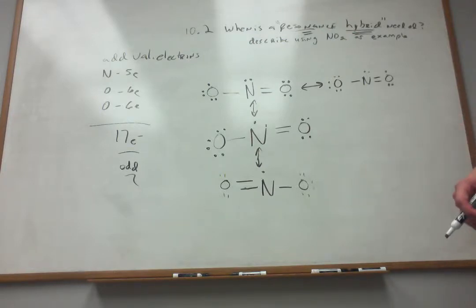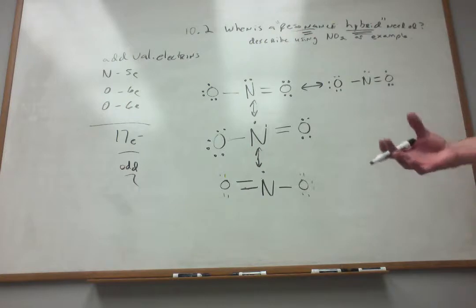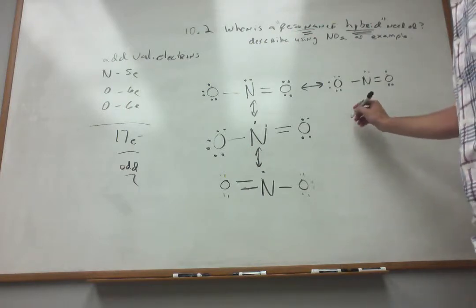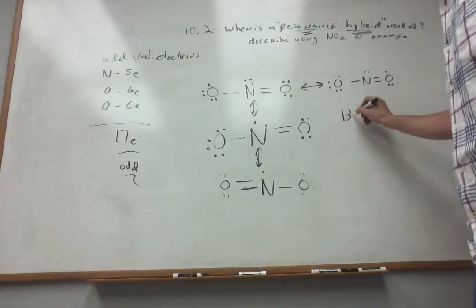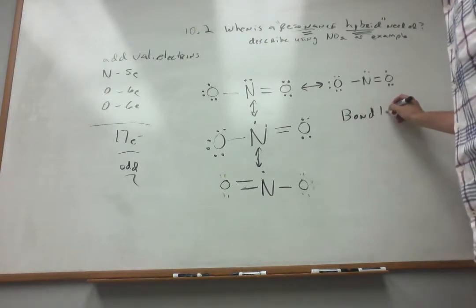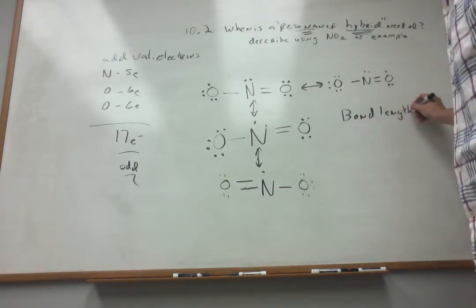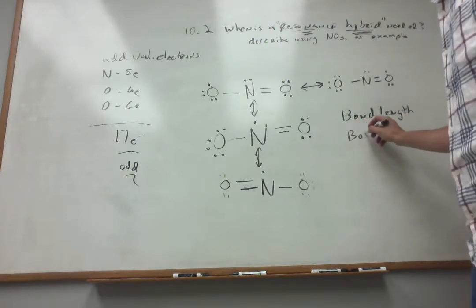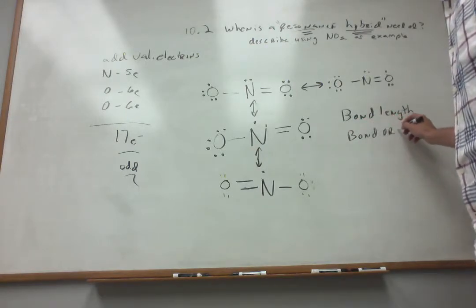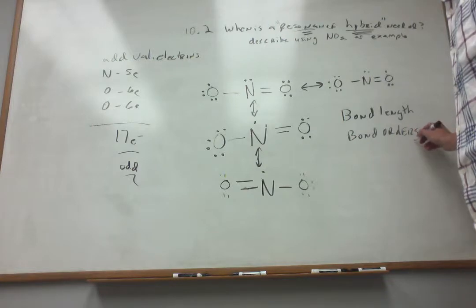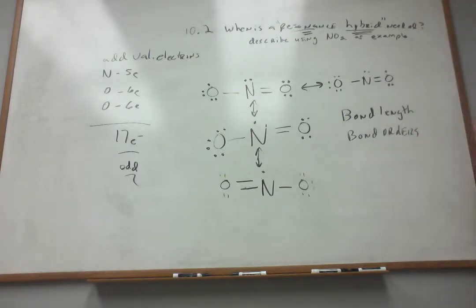And this is very interesting. And what evidence do we have that that's really true, that we get this hybrid business? Well, this question goes on to ask about bond lengths, and bond orders, average bond orders. These are characteristics of the molecule that might be measurable.